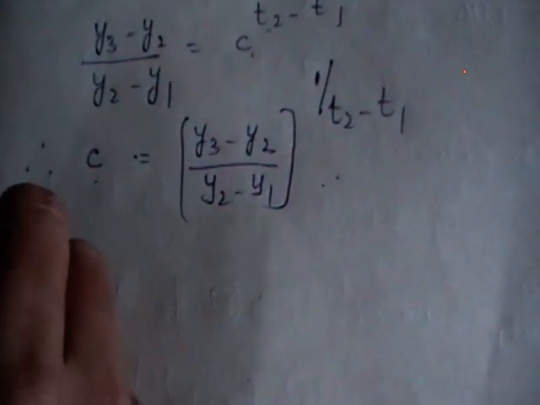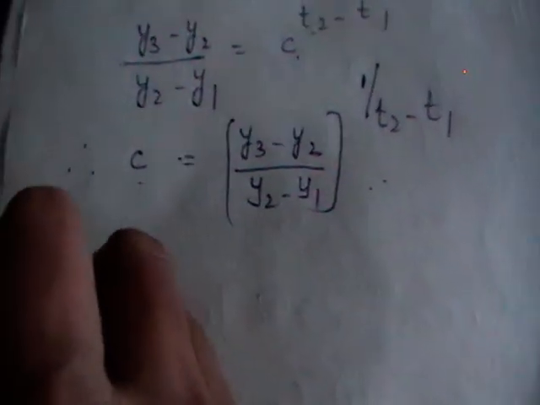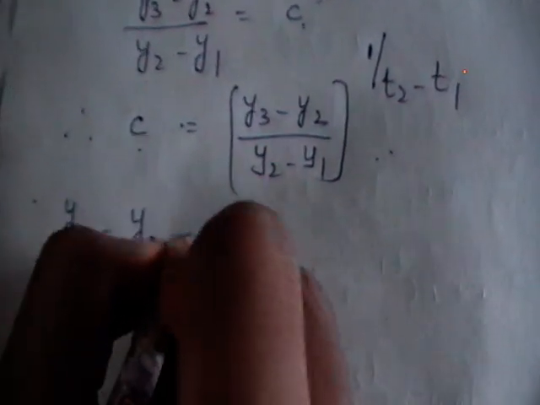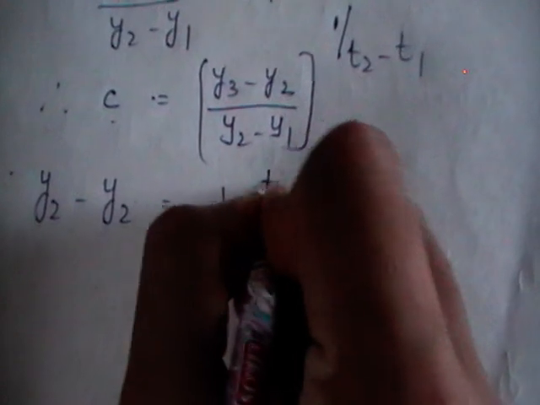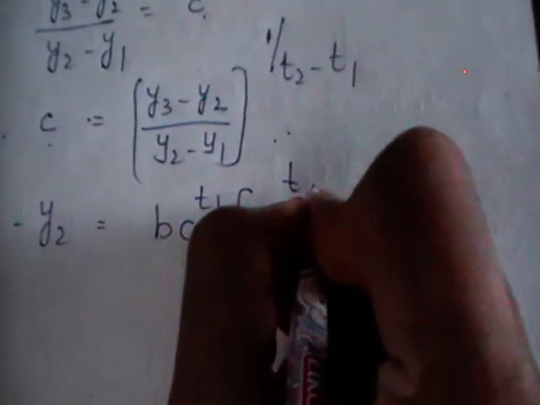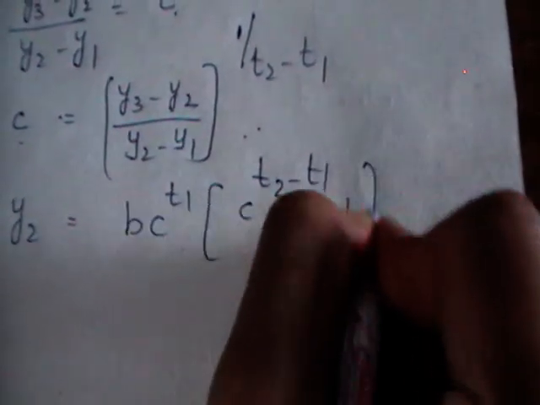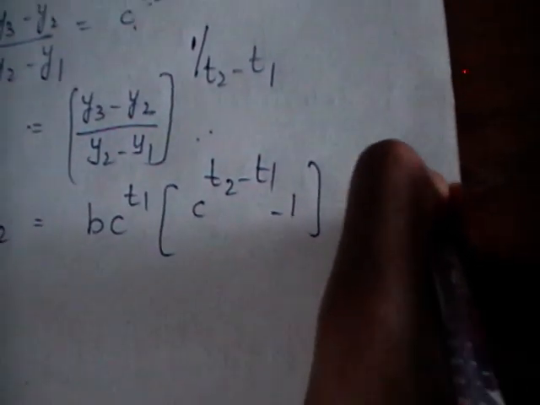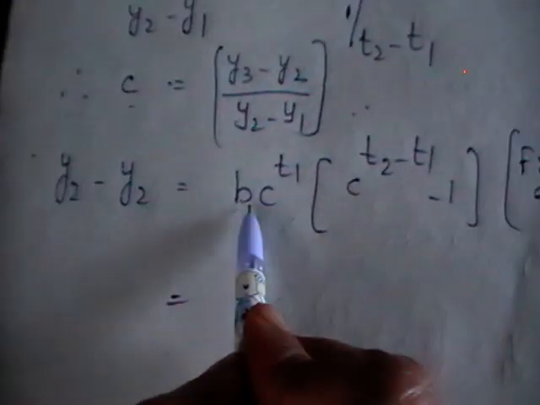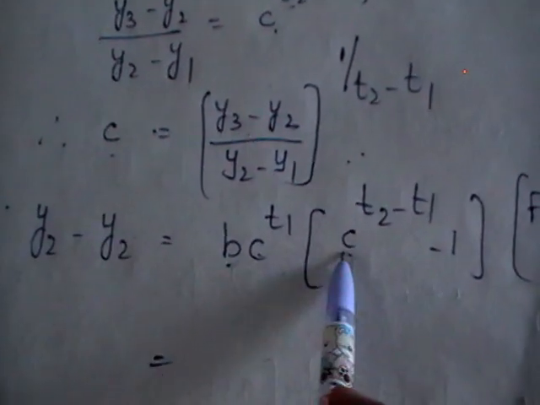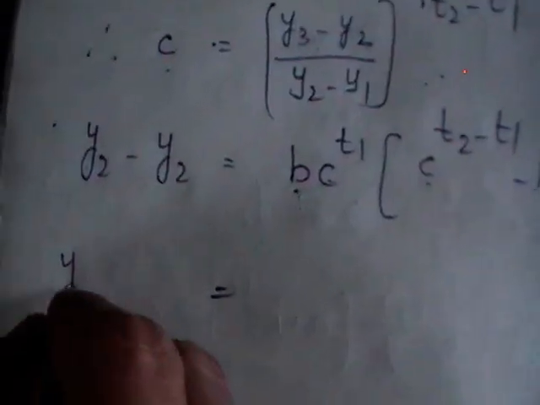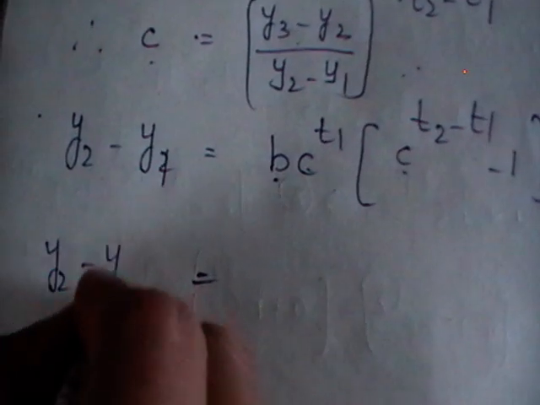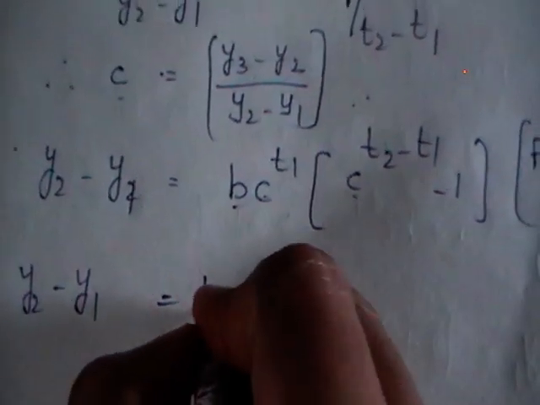So to find another one, b, we have y2 minus y1. That is b into c power t1 into, this is from equation number 3. Now we have to find b, and we already have the value of c. If we substitute c here, we can calculate b. So y2 minus y1 is equal to b into, what is c here?